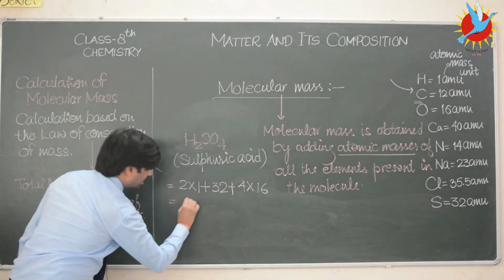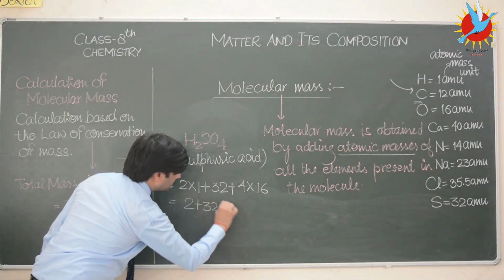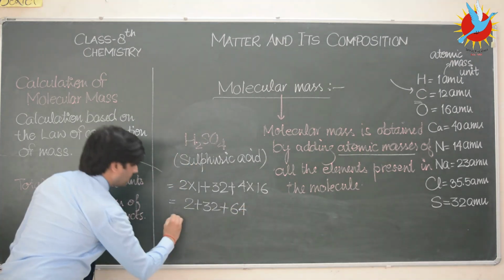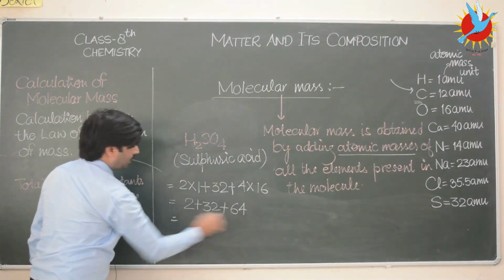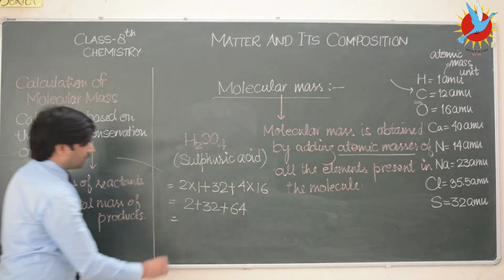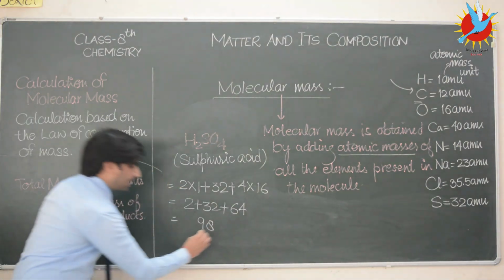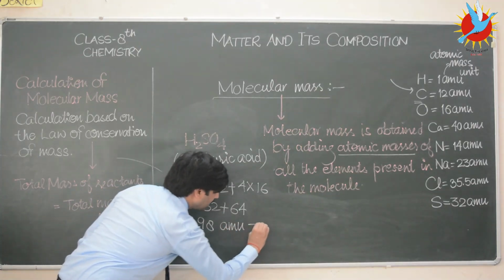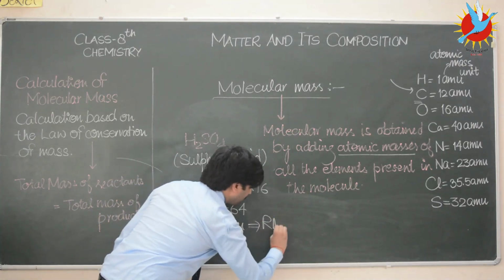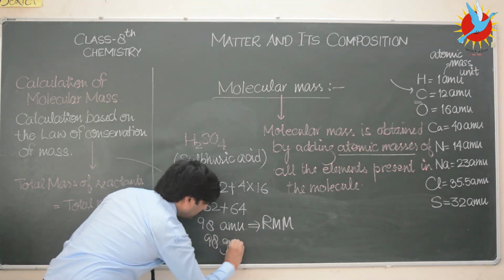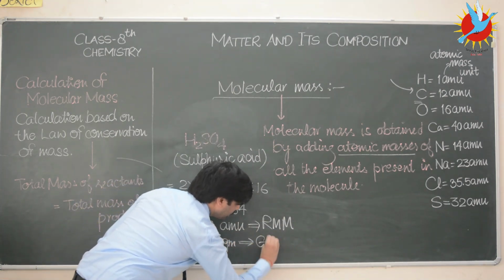So 2 ones are 2, plus 32, plus 4 sixteens are 64. After the addition of these atomic masses, we get 98. That 98 AMU is the relative molecular mass, and if we write it in gram, then that is known as gram molecular mass.